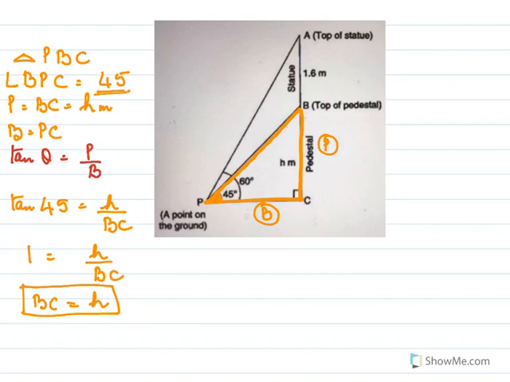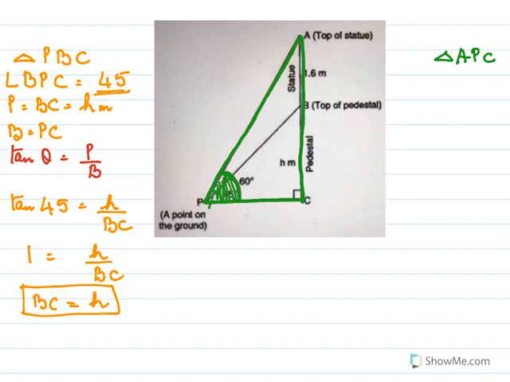So we have dealt with one triangle which is of 45. The other triangle is of 60. So the triangle with 60 here will be here, right? So this is a triangle APC. This is the angle that we want, that is angle APC equal to 60.